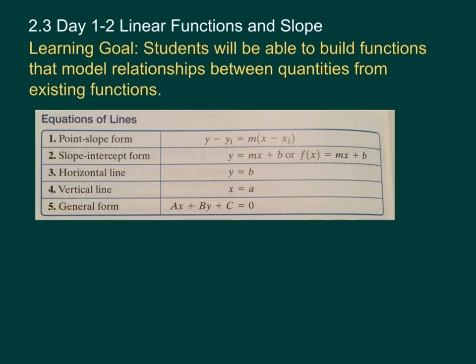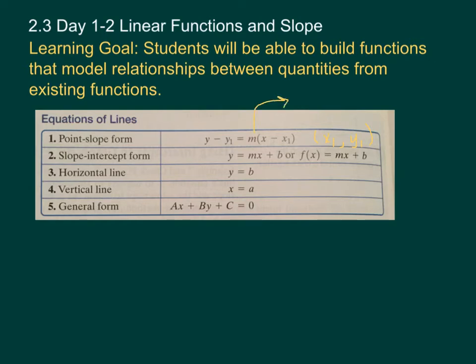The first one is point slope, and it's given that name because you'll usually be given a point, which will be x1 and y1, and you'll be given the slope, which is m.